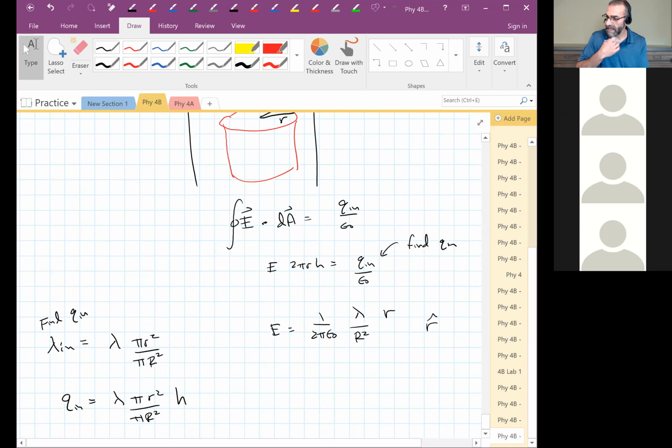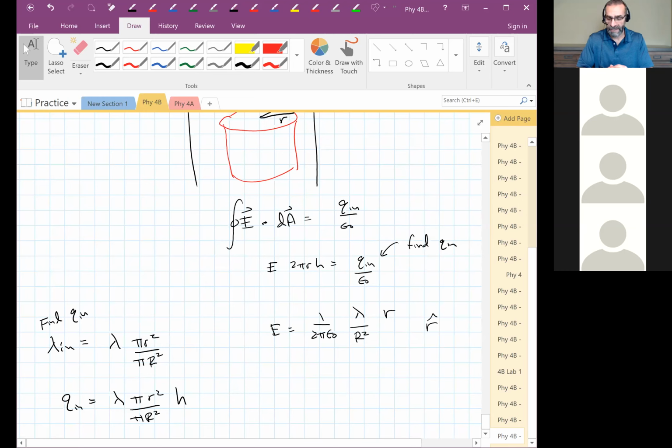You will not see any non-uniform charge densities over volumes, because then you'd have to integrate. I told you I wouldn't give you any double or triple integrals. I think there was one I inadvertently recommended in the textbook that was a sphere, and it had a density rho that changed with R. You have to integrate over the volume of the sphere to find the charge to do that problem.